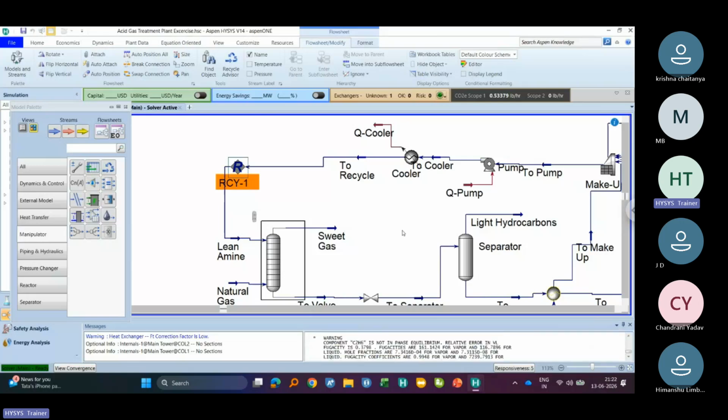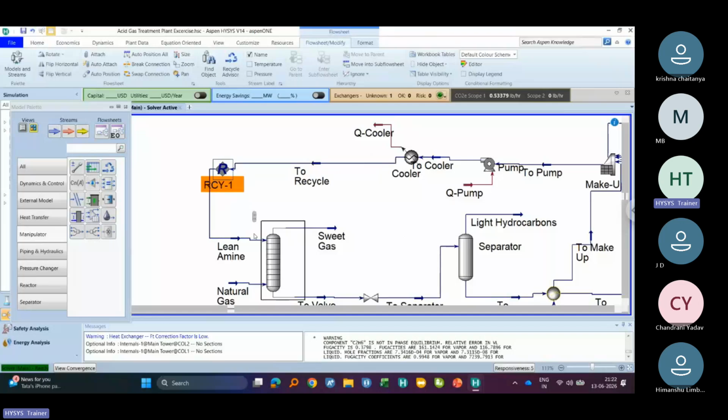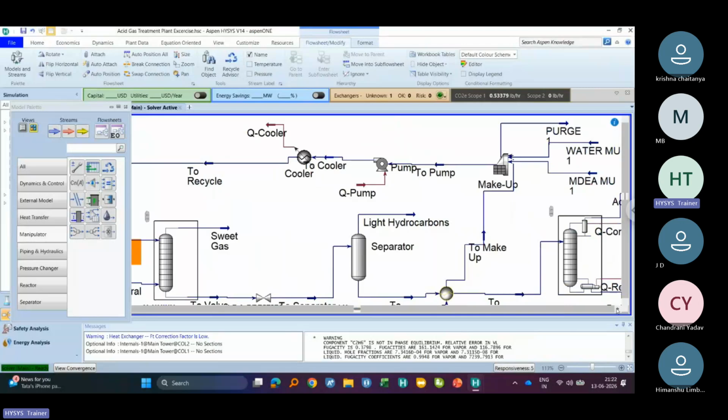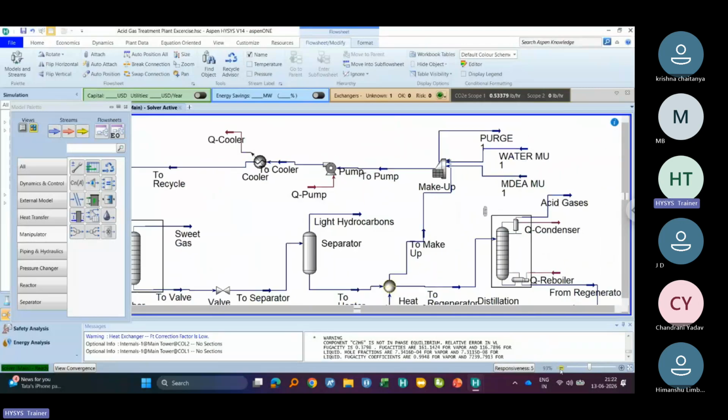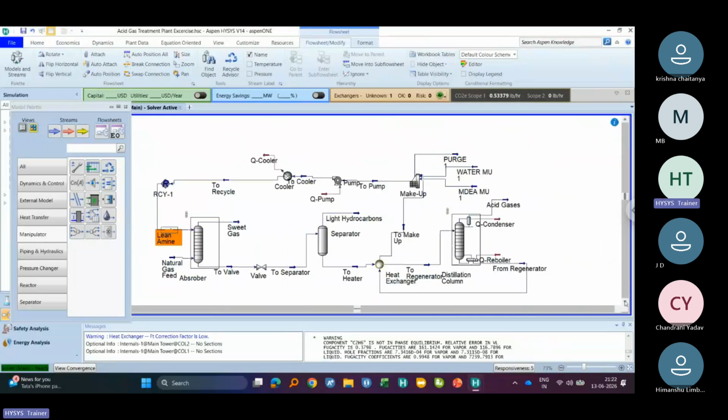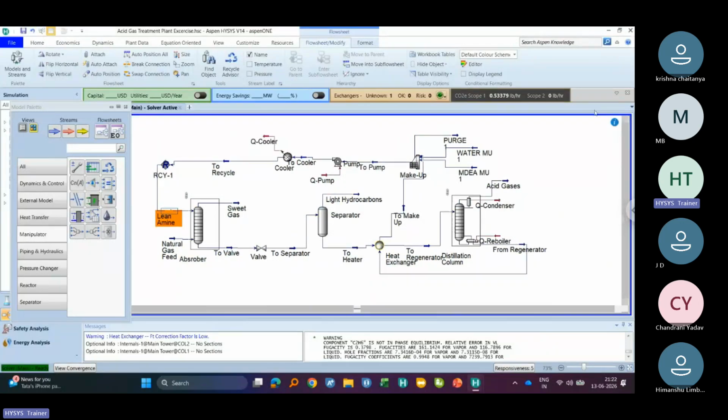And now you will see that our entire system is now converged. Just arrange it in such a way that you can see the system in one go. You will see that our entire system is now, even though it is looking like a very complicated system, but you have seen that if you go equipment by equipment, one by one, it will never be a difficult thing to calculate or to simulate anything.